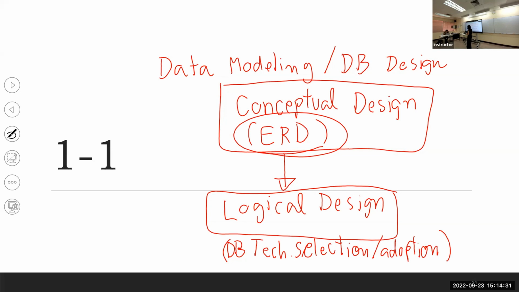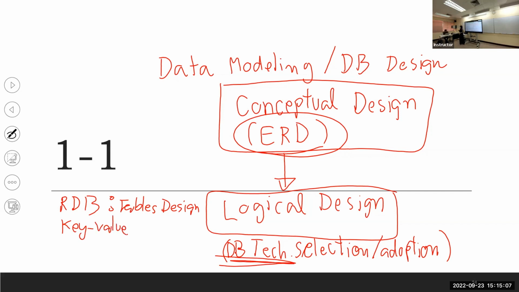So if you want to choose RDB, here you make tables in the logical phase. In the logical design phase, you say we need table student, table customer, and so on, right? But if you choose a database technology which is not the relational model, such as key value, why not? You need to have reasons. Or you want to use the document model.